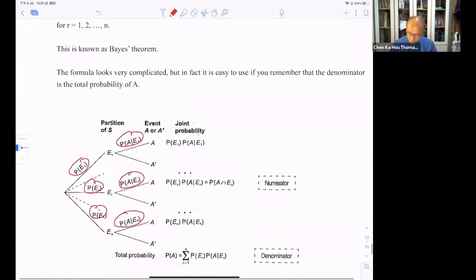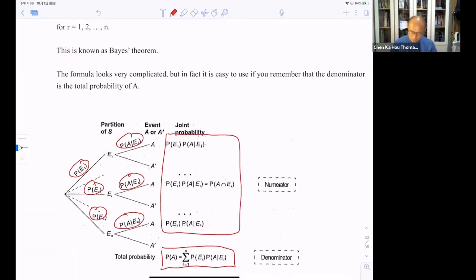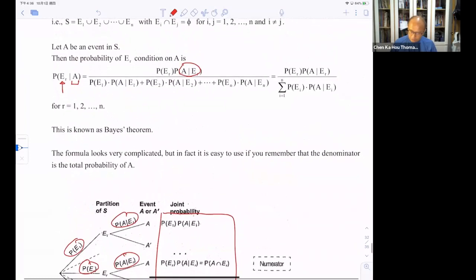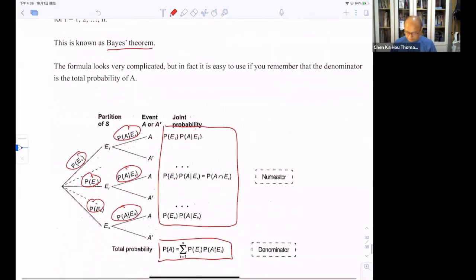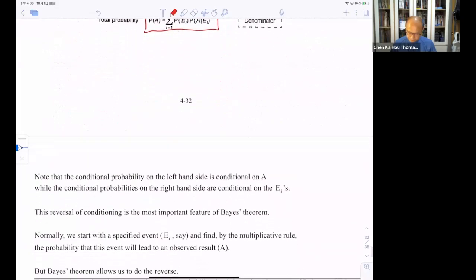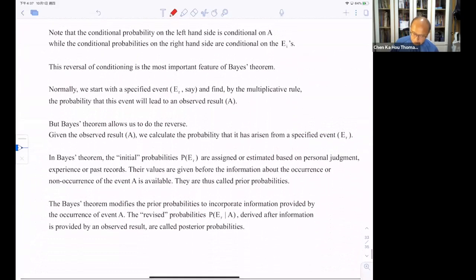Very simple. First you calculate the total probability of this event. Then you put the one you want to find in the numerator, put the total in the denominator, and take the ratio. This is the Bayes theorem.